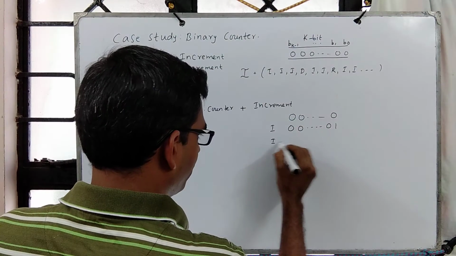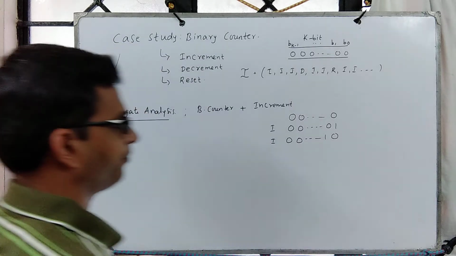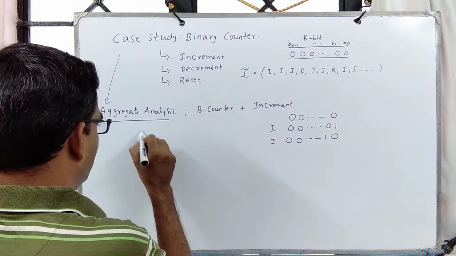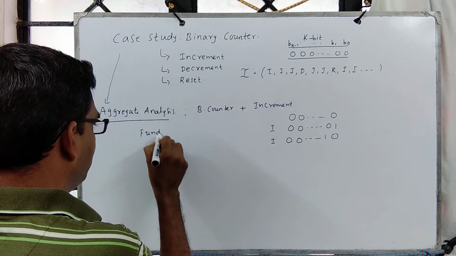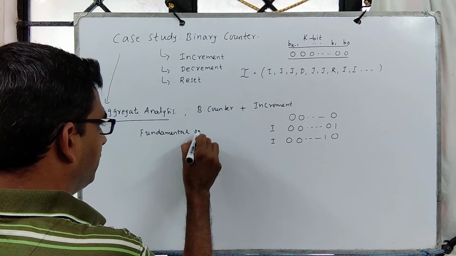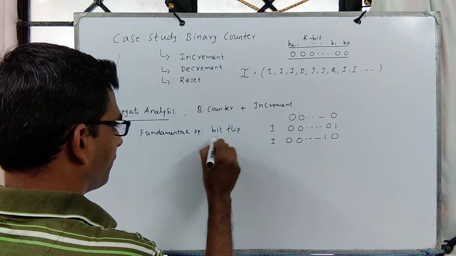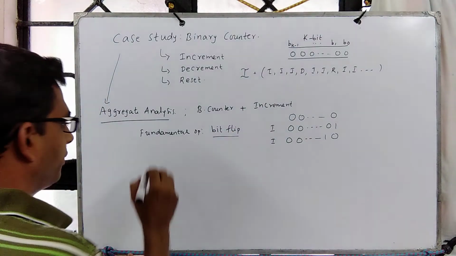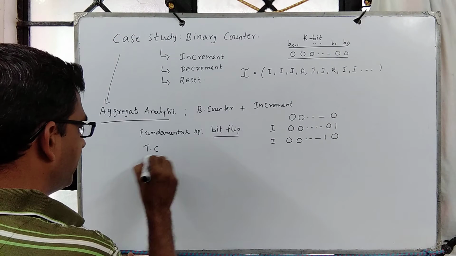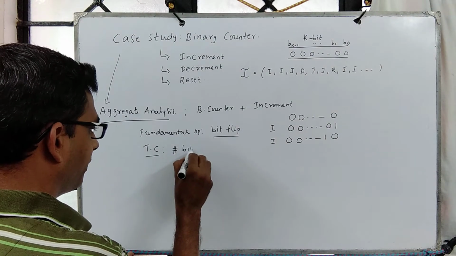Suppose we perform one more increment, then this becomes 1, 0. So what is our fundamental operation? Fundamental operation over here is bit flip. So now, as part of time complexity analysis, we are interested in the number of bit flips.